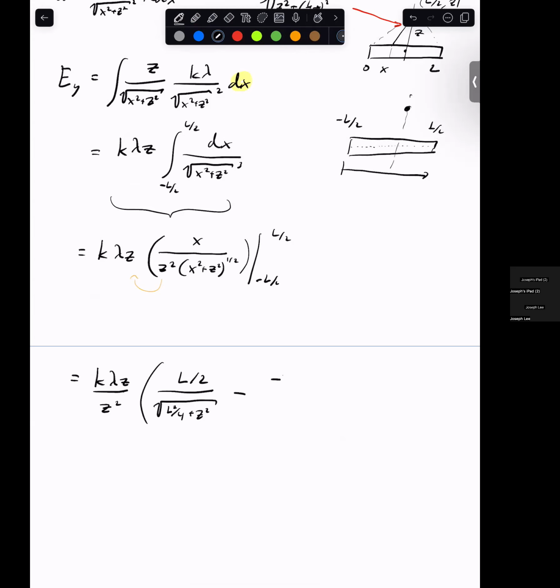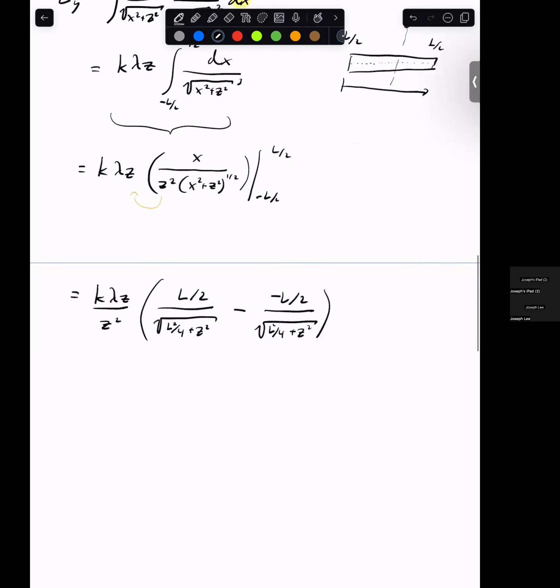Minus negative L over 2 over the same denominator. We'll simplify this a little bit more. I now cancel out one of these z's. I'm going to pull out the denominator in the front because it's the same for both.